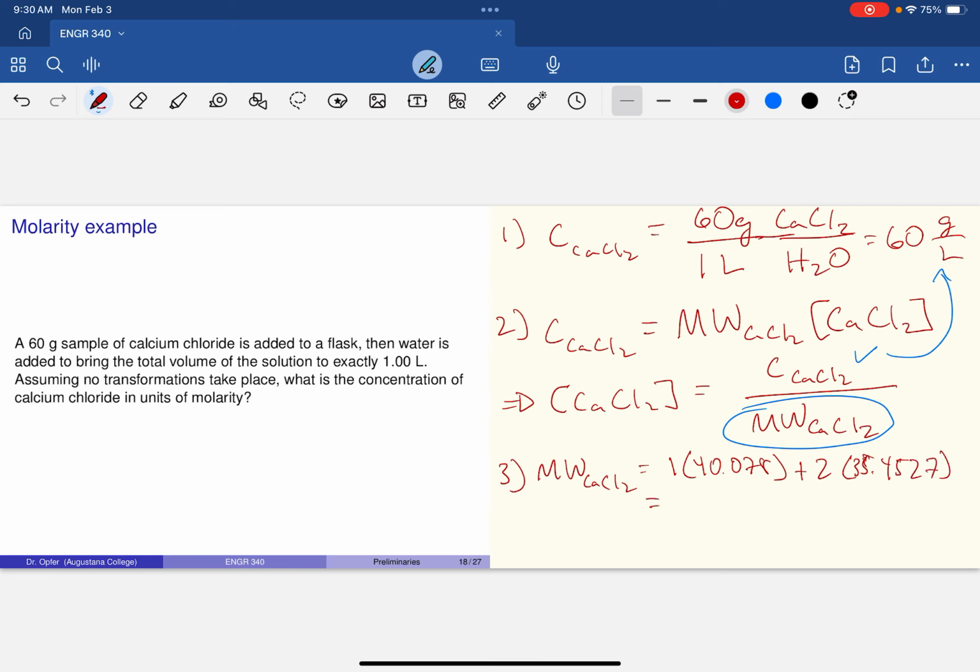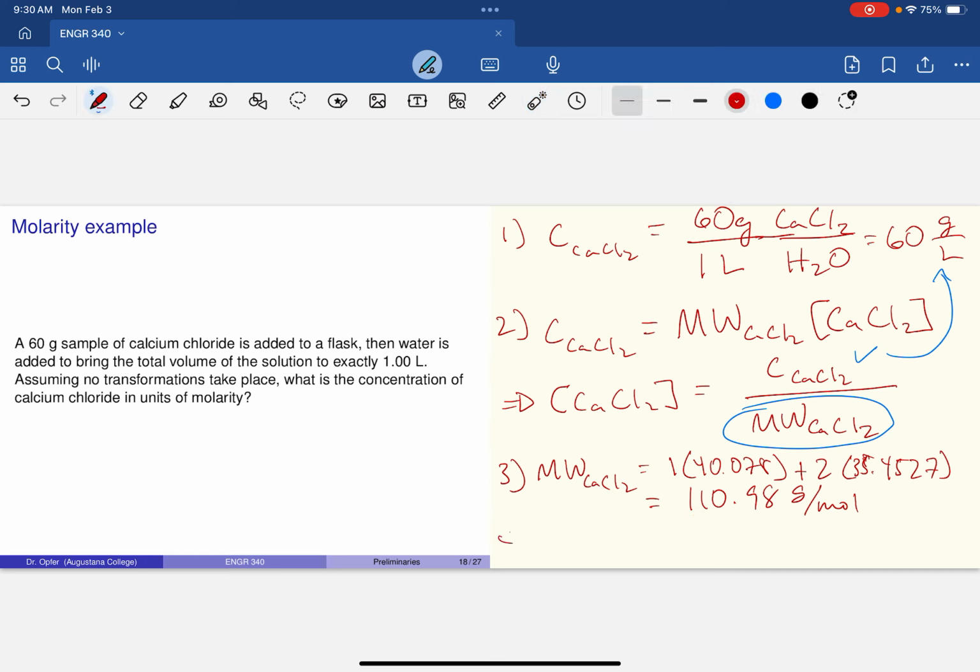Okay, so that equals 110.98 grams per mole. Okay, so again, this 40.078 is the molecular weight of 1 molecule of calcium. This 35.4527 is the molecular weight of 1 molecule of chlorine. So since we have 2 of them in this problem, we have to multiply that by 2. So then the molecular weight of calcium chloride is 110.98 grams per mole.